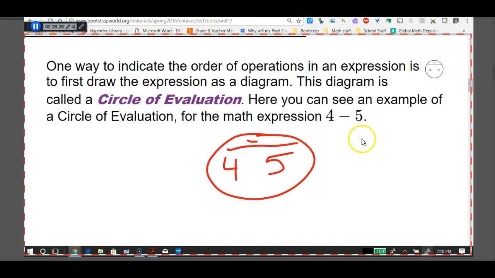Okay, 4 minus 5. And notice that my minus sign is my function. That's the name of the operation that I'm going to be doing. It goes on top in my circle of evaluation. And then these numbers 4 and 5 are the two numbers that I'm going to be subtracting. The first number goes on the left-hand side, and the second number goes on the right-hand side.